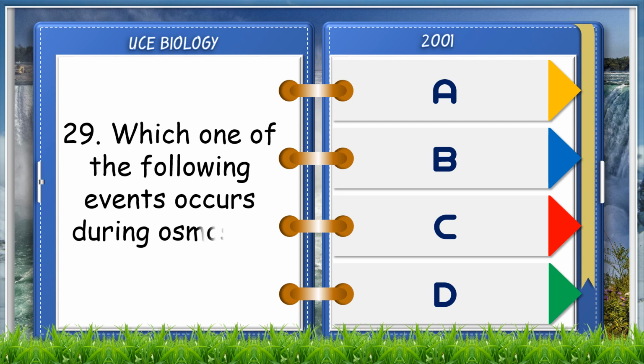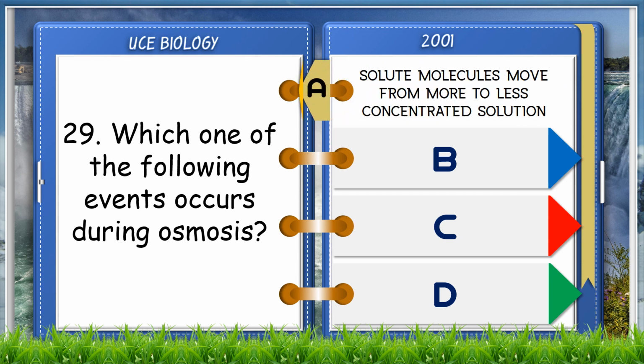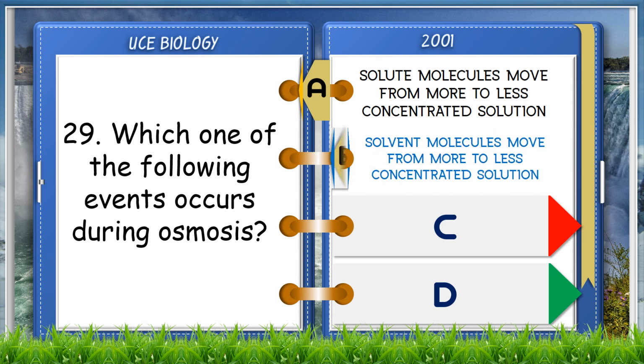Which one of the following events occurs during osmosis? A. Solute molecules move from more to less concentrated solution. B. Solvent molecules move from more to less concentrated solution.